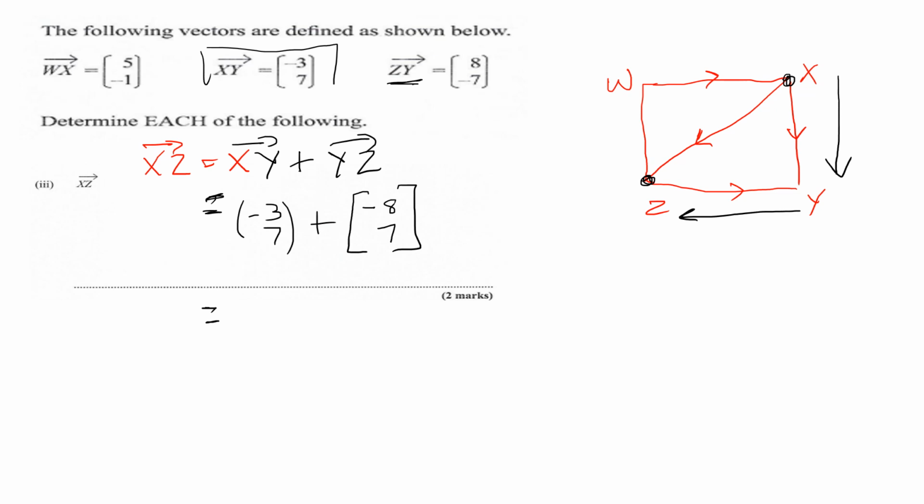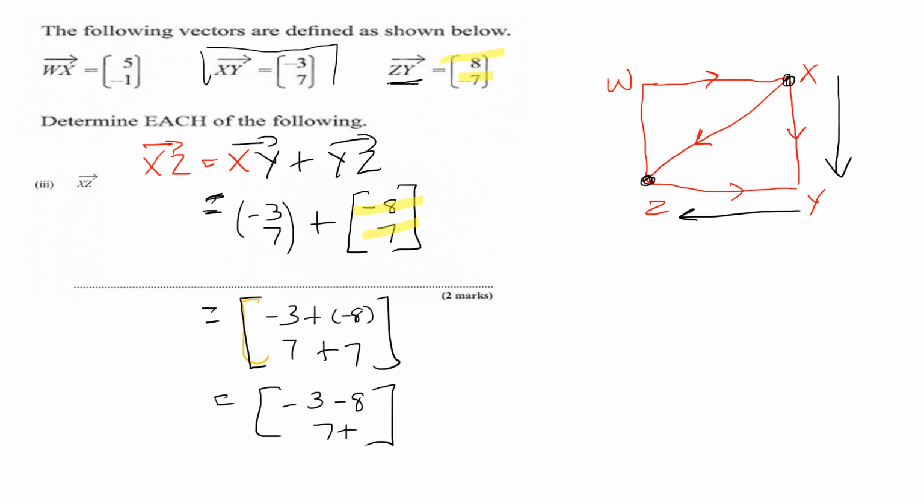So we had (8, -7), and we're going to change that: the 8 is going to become negative, and the 7 was negative, it's going to become positive. All right, let's add. Negative 3 plus a negative 8, then we have 7 plus 7. So that is negative 3 minus 8, 7 plus 7. We're going to get (-11, 14).